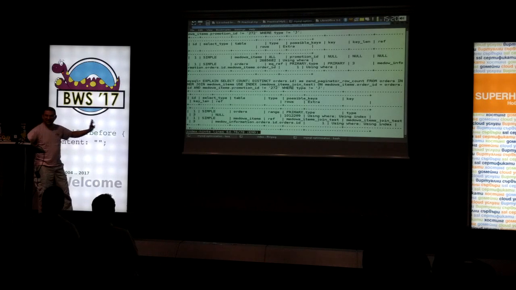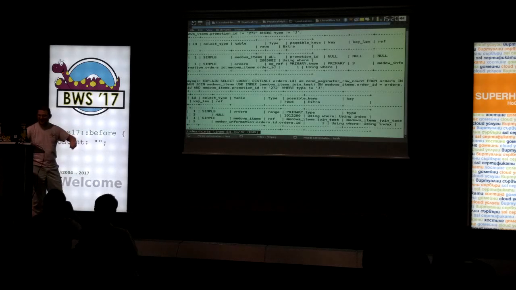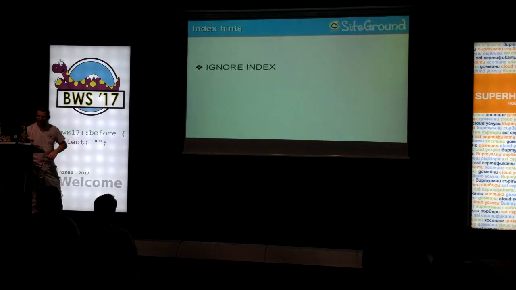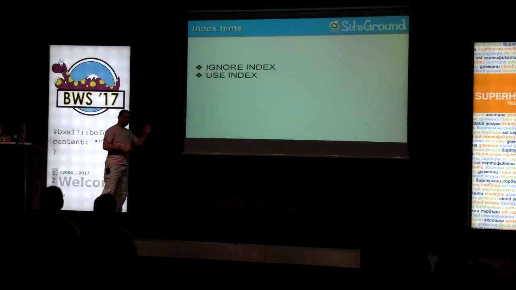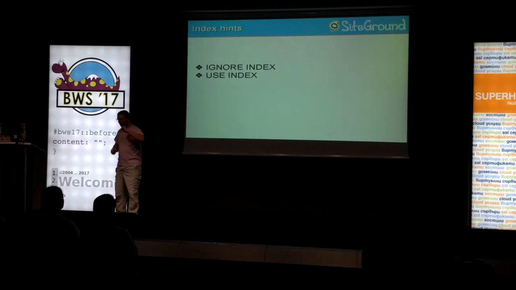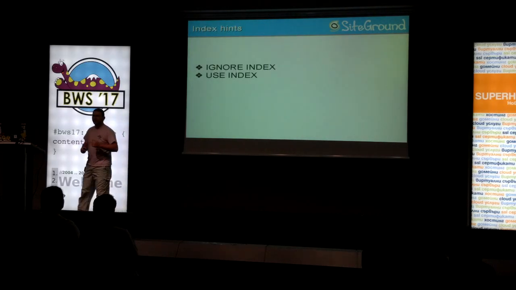We don't have enough time to cover the example here. If someone wants to talk more about this example after the talk, I'm available here. So we'll continue this. Ignore index removes some of the indexes that MySQL can use for its queries.